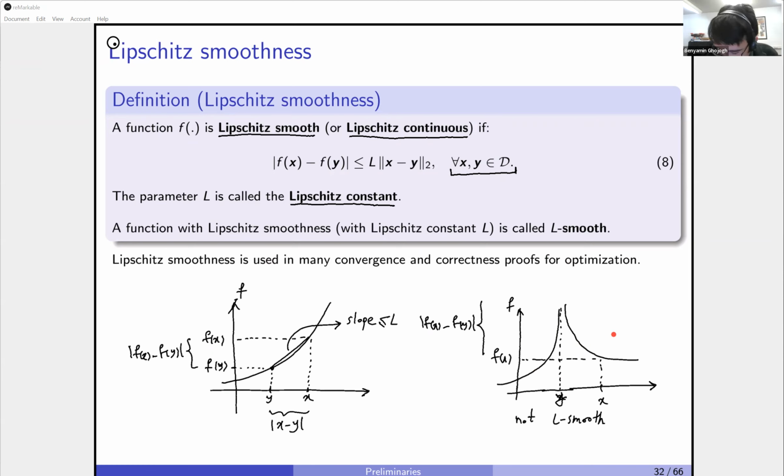Another example might be something like this. This function's slope becomes close to infinite, close to a straight line. So the slope is very high. It's not Lipschitz continuous. When we say L smooth, it means that there is an upper bound, a limit on the slope of the function. I want you to understand what L smooth, Lipschitz continuous means.